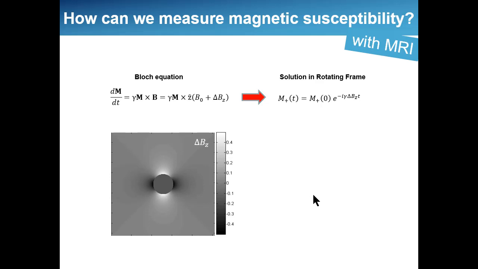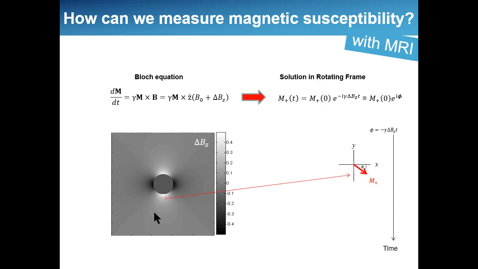So how can we now measure those induced field variations? Well, we're very sensitive to those field variations because of the big value of the magnetogyric ratio, nearly 3 times 10 to the 8 for the proton, which means that as the magnetization precesses, its rate of precession is very sensitive to the local magnetic field, and it will accrue a phase over time, and that phase depends on the local field.